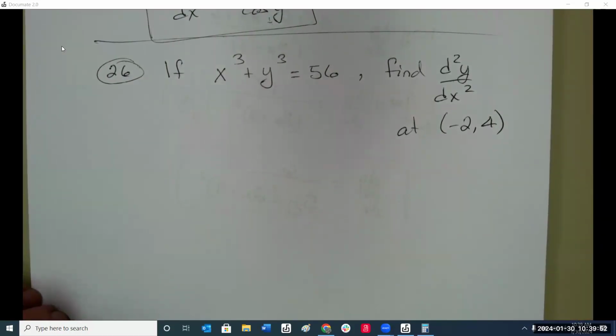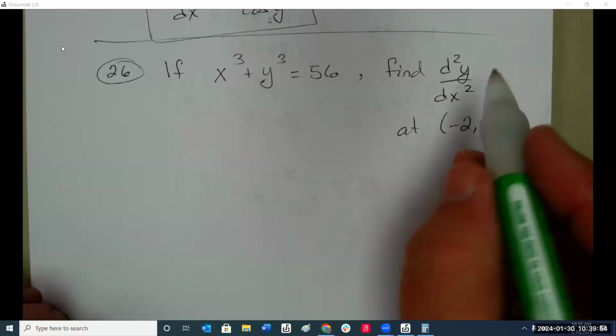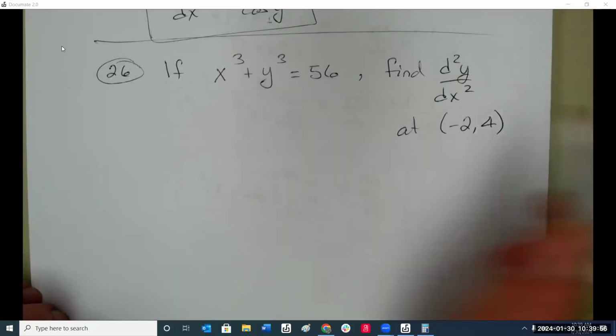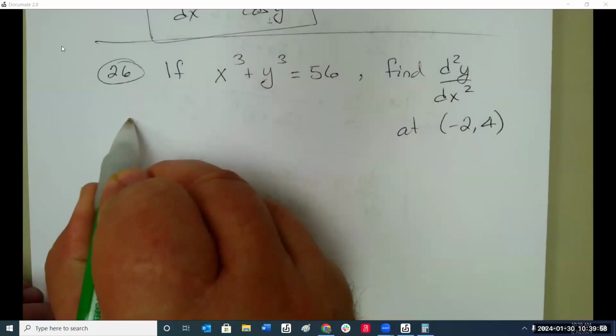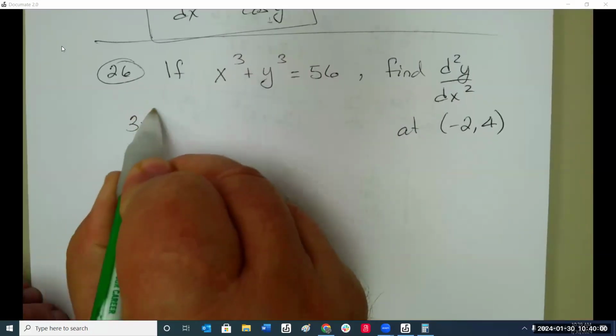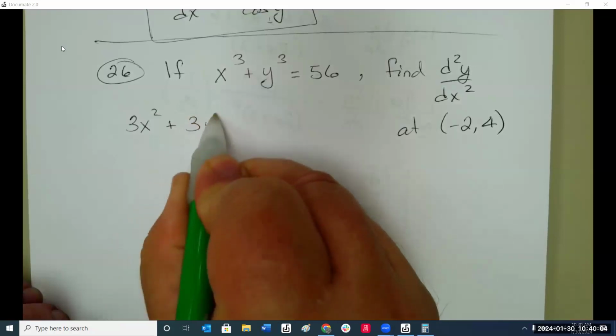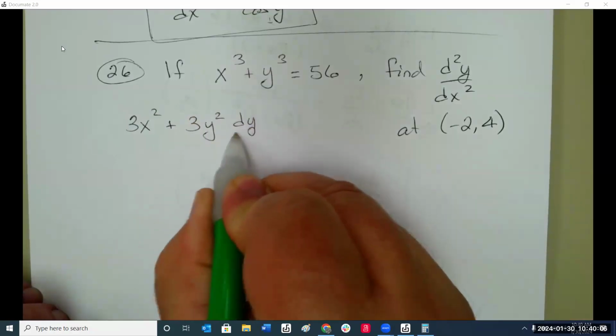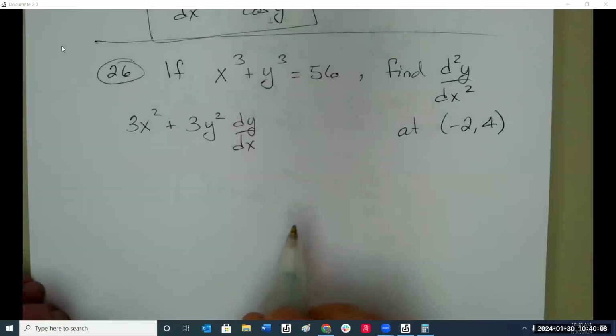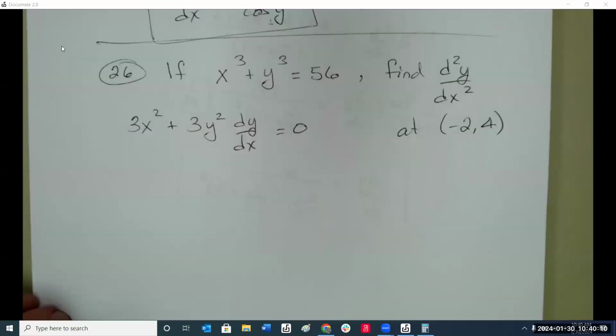You take the derivative of both sides. Right, so let's first find dy/dx. So we have 3x squared plus 3y squared dy/dx equals 0.